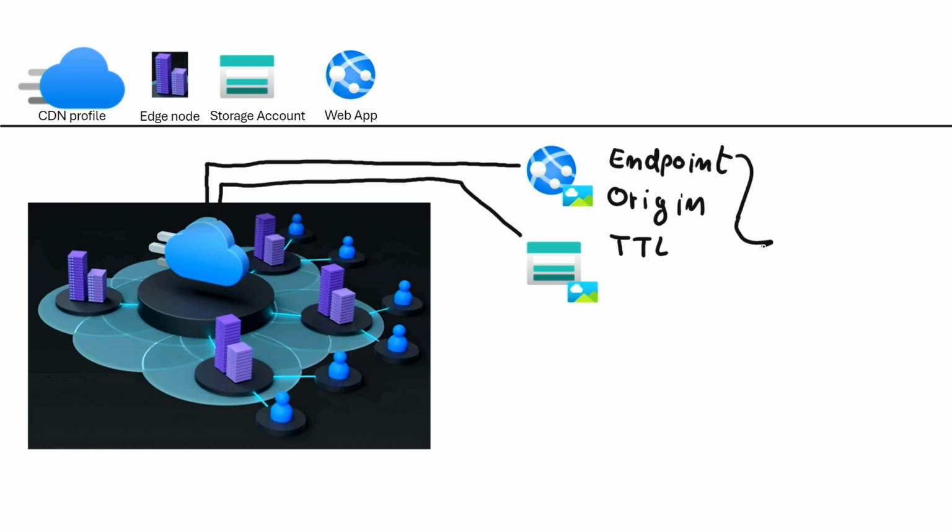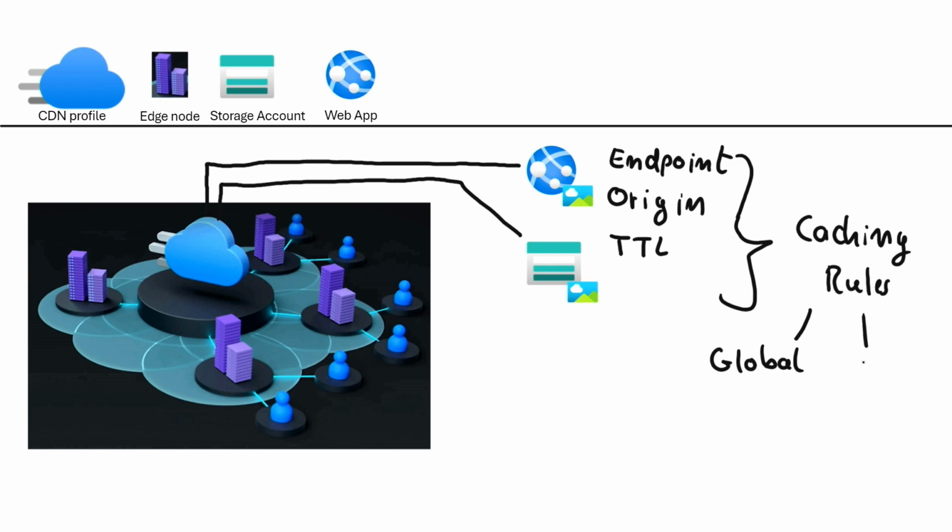We define a time to live per endpoint, so we will set up a set of caching rules. These caching rules can be done for each of your endpoints, and we have 2 types: a global set of rules and a custom set of rules.